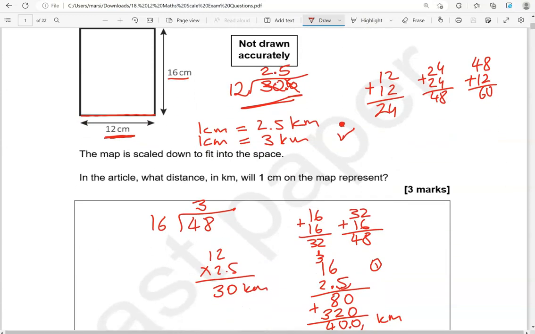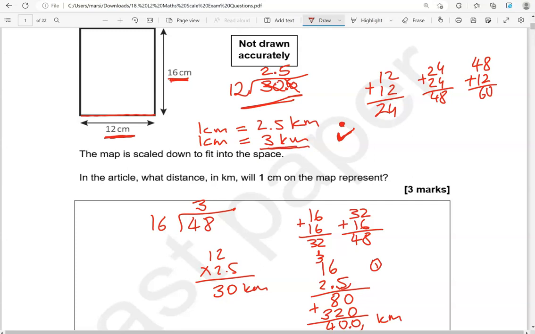Whereas if we go with 1 centimeter equals 3 kilometers, then we can represent both the width and the length. There might be a bit more space in here on the map, but that doesn't matter. So you see, 3 times 16 gives us 48.